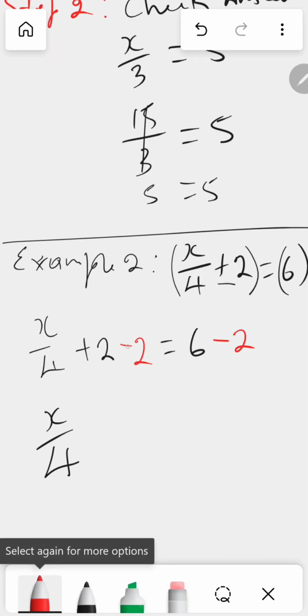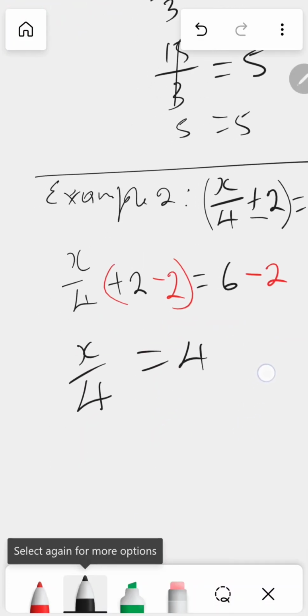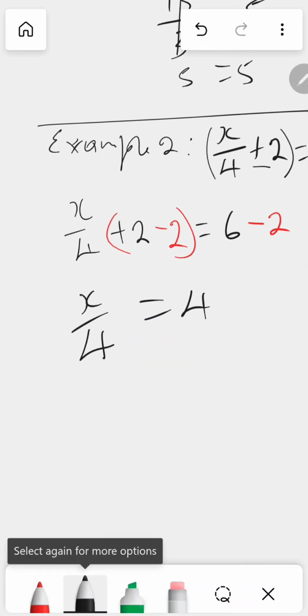For this portion of the equation, the negative 2 and the positive 2 cancel out each other. So we'd have equals, and 6 minus 2 gives you 4. So this is now our new equation, but we still need to solve for x.